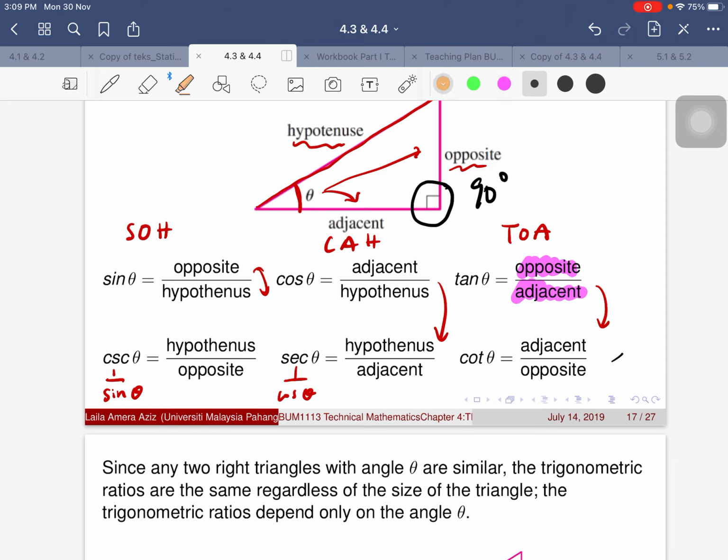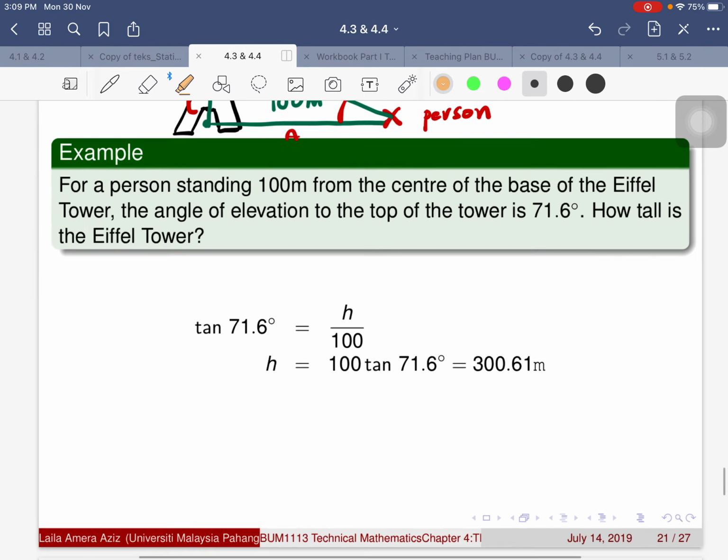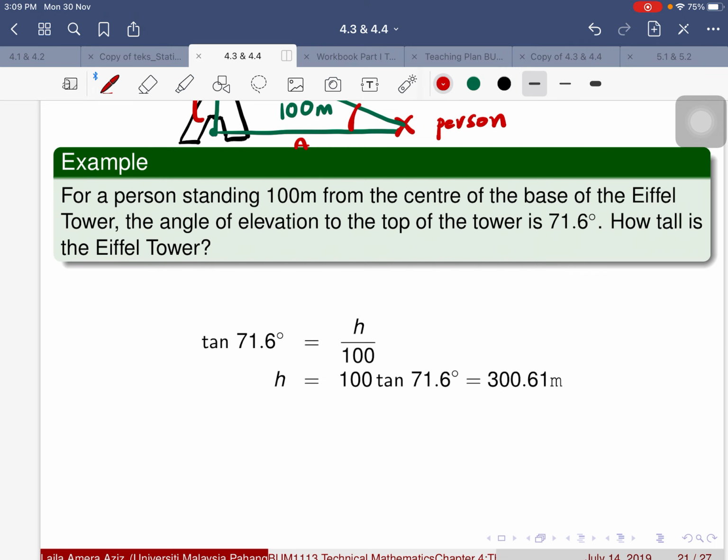Can you use cotangent? Yes, you can also use cotangent. But our problem is that in our calculator there is tangent, but there is no cotangent. So instead of using cotangent, we are going to use tangent. And tangent is given by opposite over adjacent.